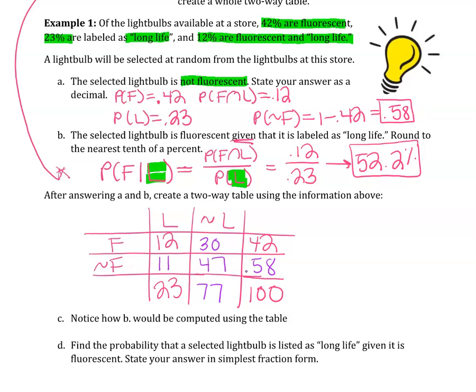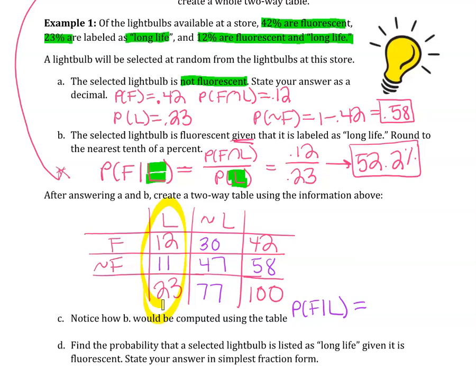Now, notice how what we computed up above, getting this 0.12 divided by 0.23, would be done using the table. So again, if I wanted the probability of fluorescent given long life, based on what you guys know so far from prior in this unit, I go to long life, circle that.